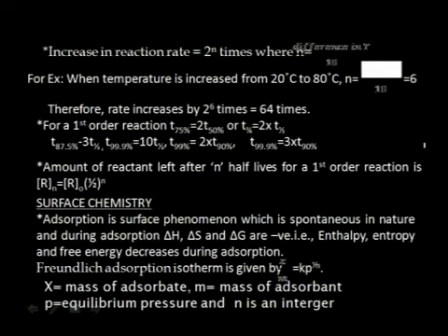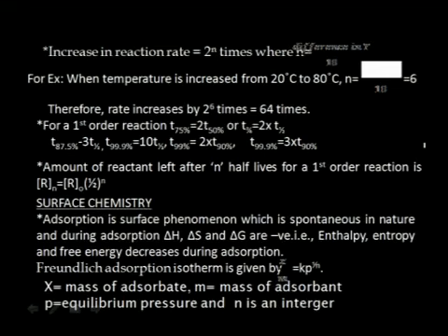That means 2 moles in a 2 liter container gives a concentration of 1 mole per liter. When the same 2 moles is kept in a 4 liter container, 2 by 4 becomes half, 0.5 mole per liter.